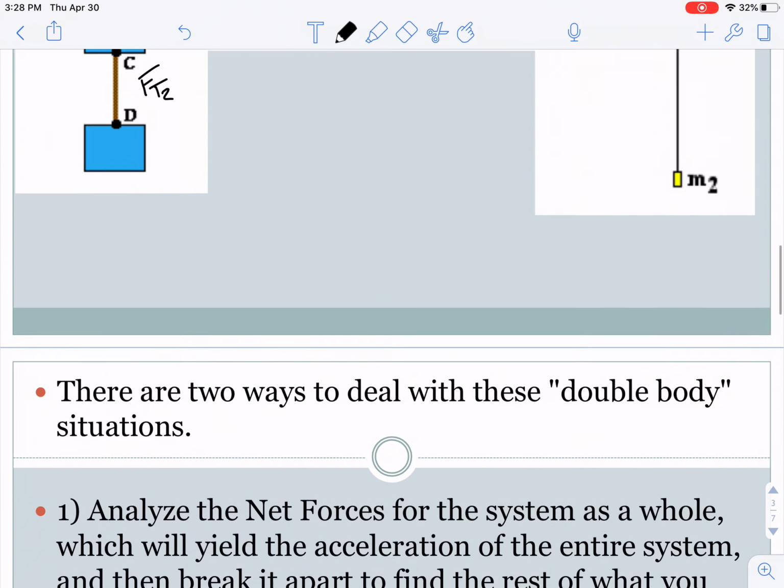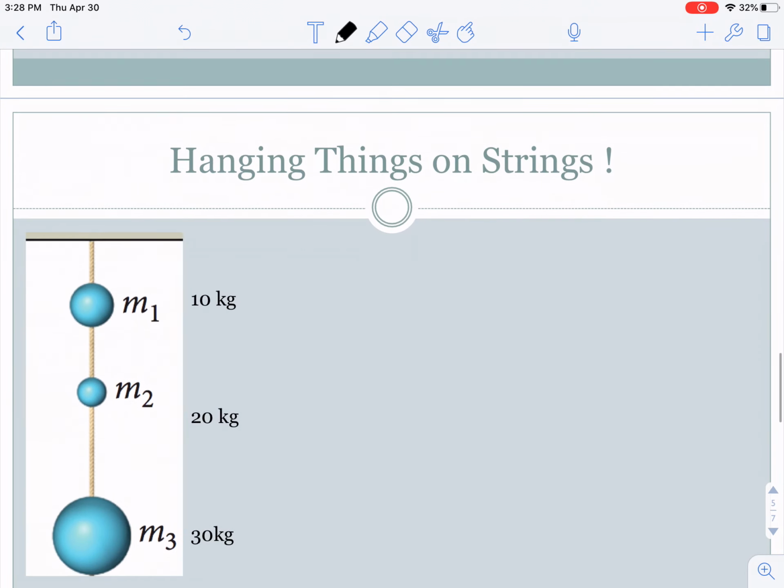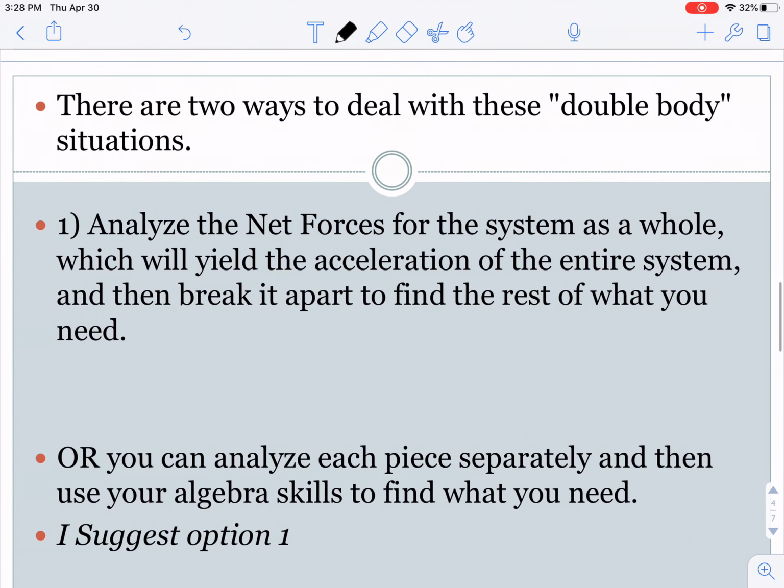There are two ways to deal with these. The first one is what we're going to use primarily: we're going to analyze the net forces for the system as a whole. What that means is when we are dealing with multiple bodies, we're going to add them all together first and find out the acceleration of the entire system.